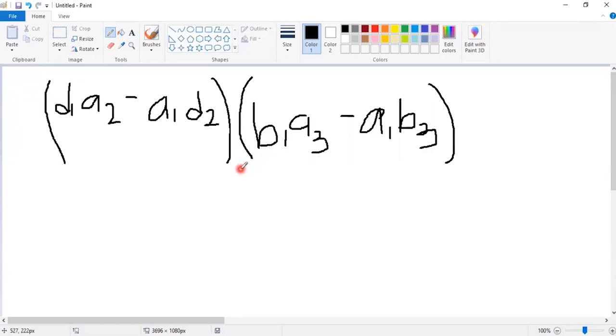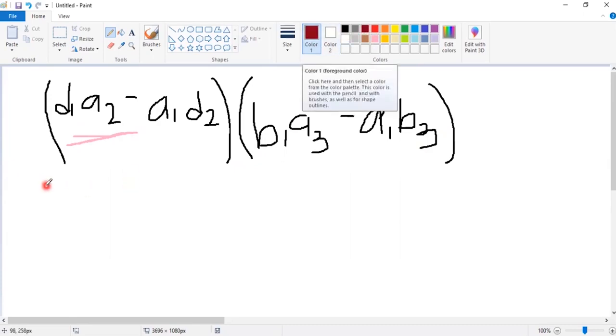Just to explain further, we have this. So how do we multiply these two? We take it carefully. Taking this first part here, we multiply it with everything that's here.